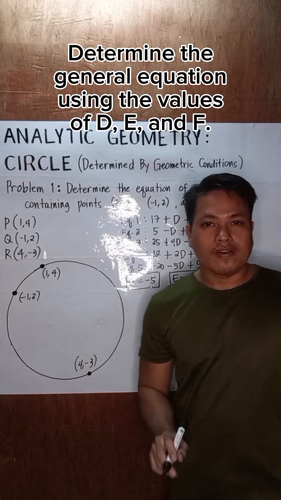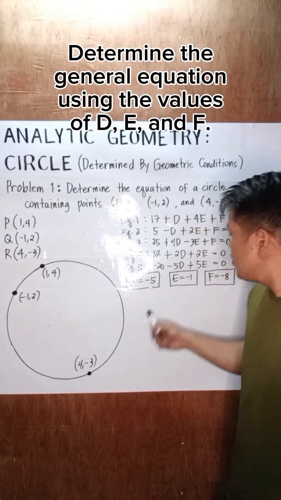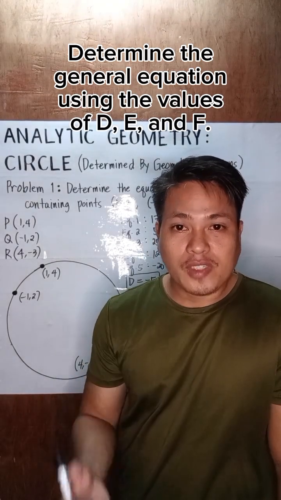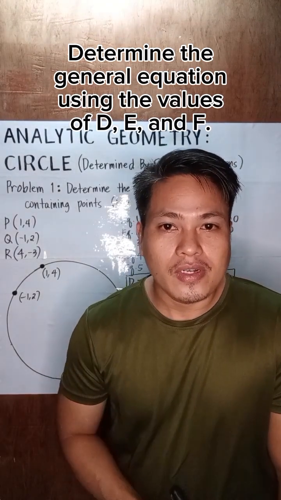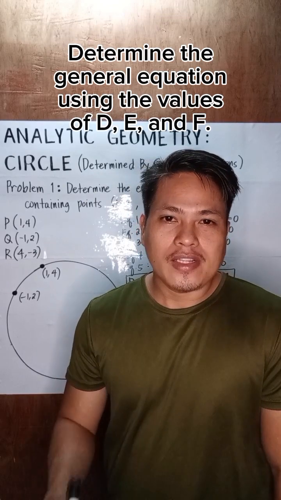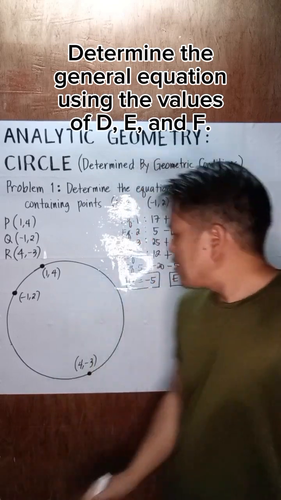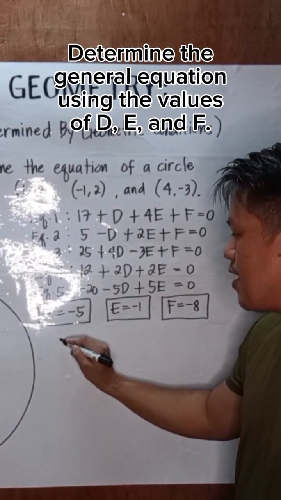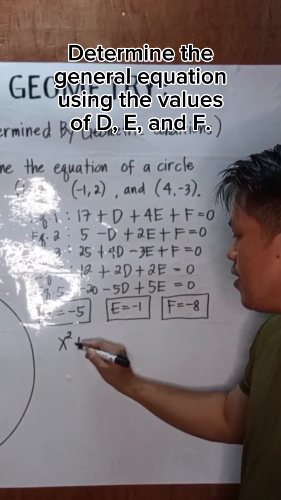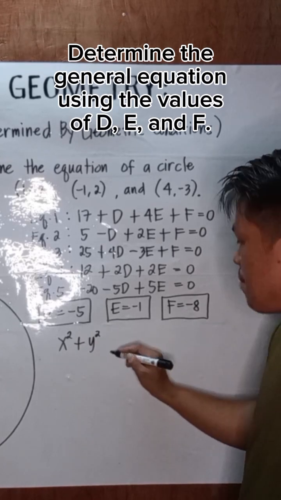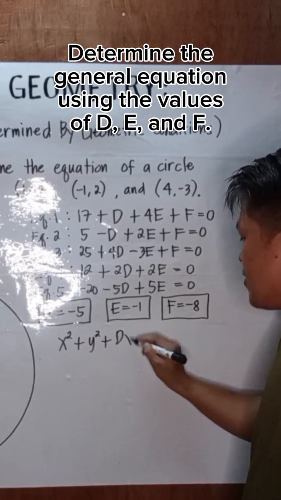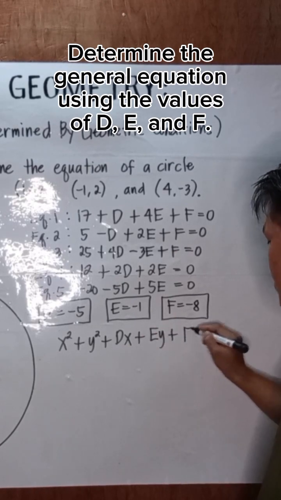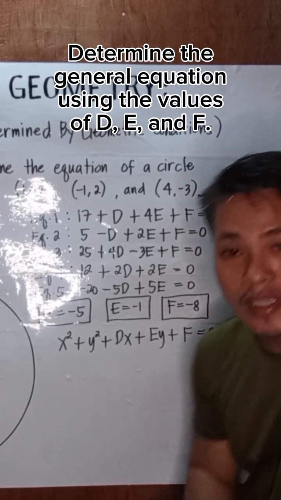Itong values na ito, D, E, at F, siya naman yung ating isa-substitute sa general equation ng circle para makuha natin yung kanyang equation. So, tandaan uli ng ating general equation ng circle ay x squared plus y squared plus dx plus ey plus f is equal to 0.